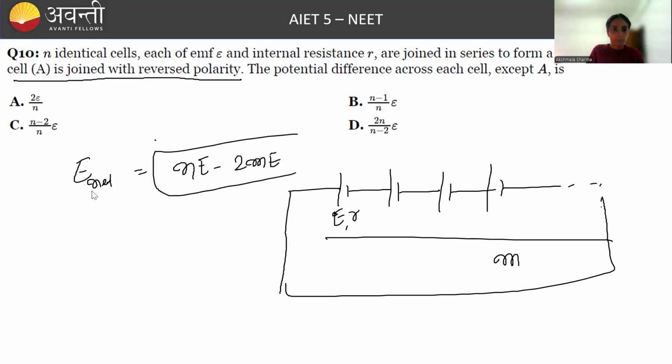Always remember. Okay? So here n into E minus m value is 1, so 2E. So the net EMF is going to be how much?